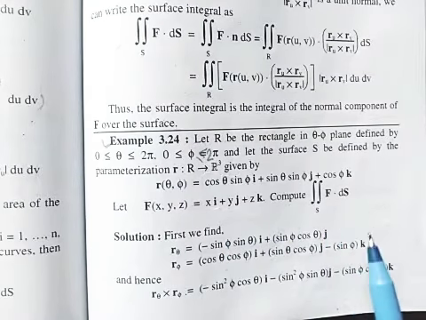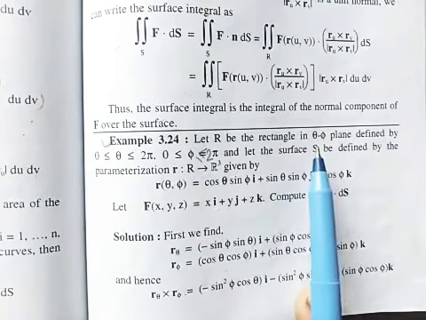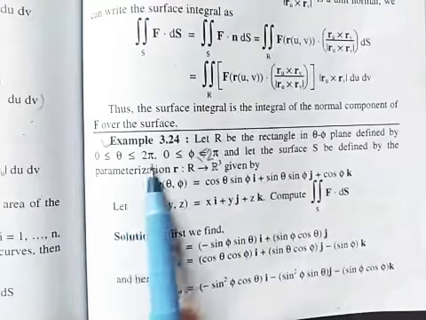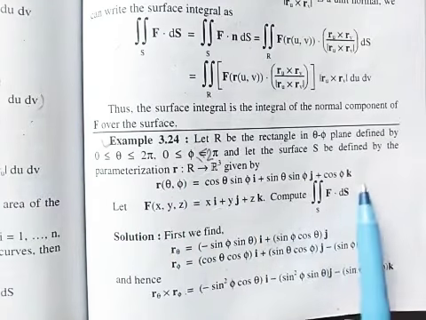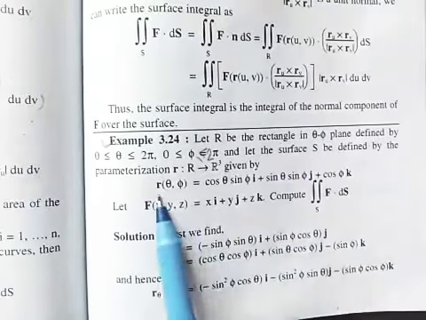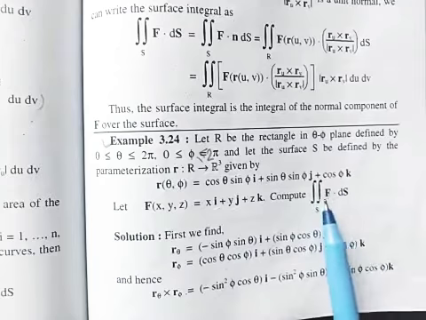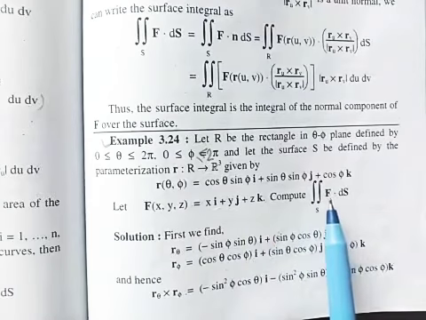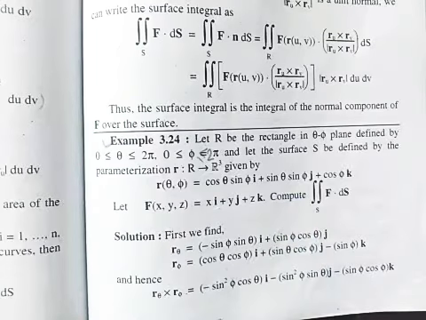So to calculate, first of all, what is given? Rectangle in theta phi plane, theta is between 0 to 2 pi, phi is between 0 to 2 pi, and surface S is defined by this equation. This is our capital F, and we have to calculate double integral of this capital F over surface S, which is given by this equation. So we have the formula.